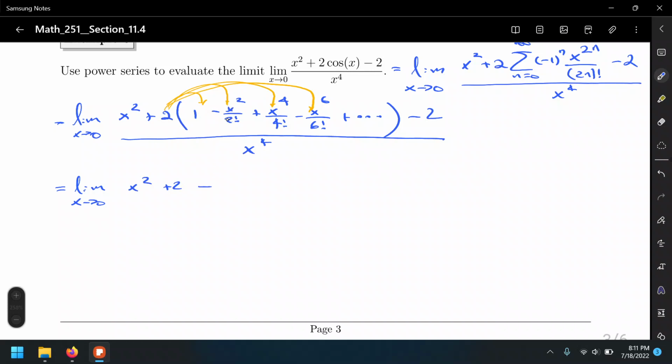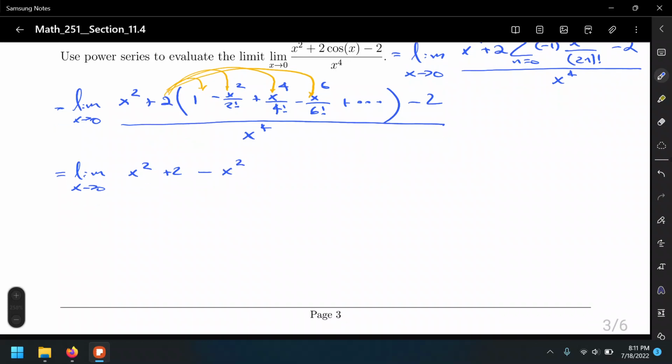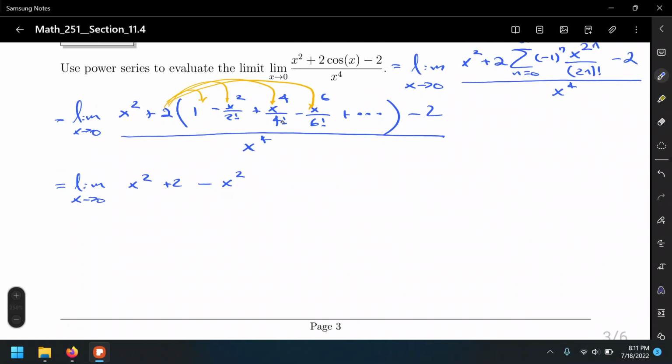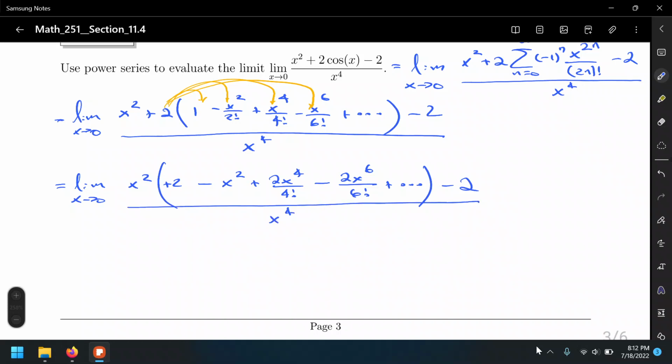2x squared over 2 factorial. Do we agree that these two cancel these 2 factorial because they're the same number? And then here I'm not going to expand the factorial, I'm just going to leave it the way it is. I'm just going to write it as plus 2x to the 4th over 4 factorial minus 2x to the 6th over 6 factorial plus dot dot dot minus 2, and then the whole thing over x to the 4th power.